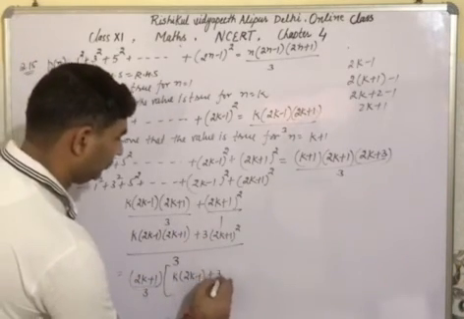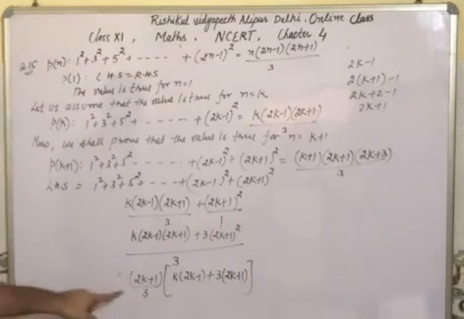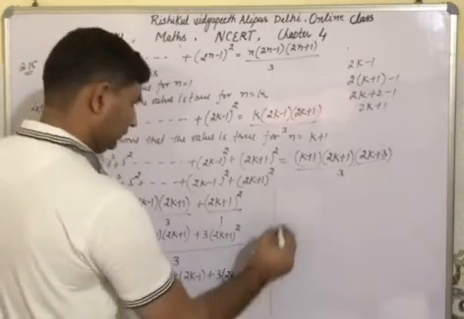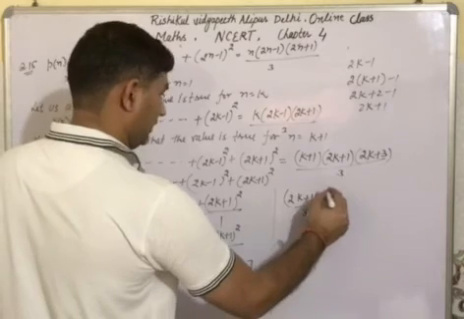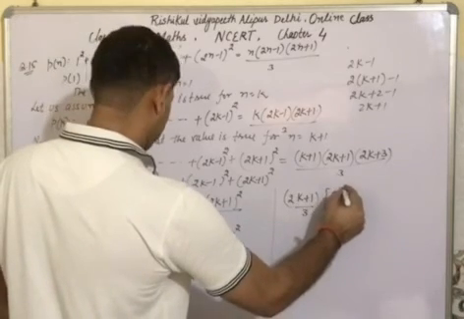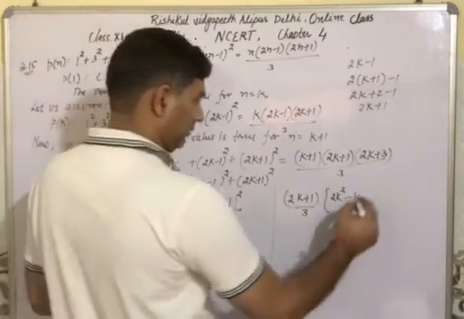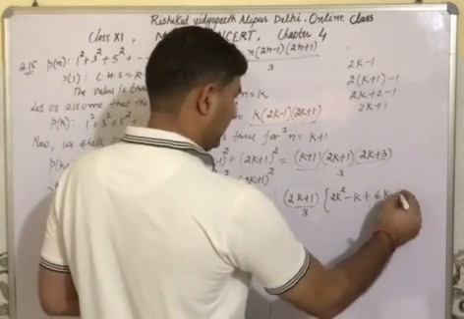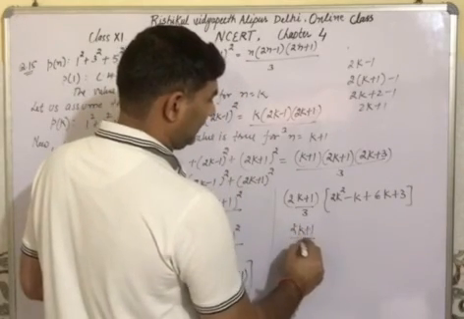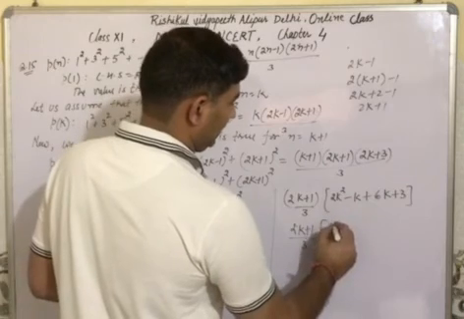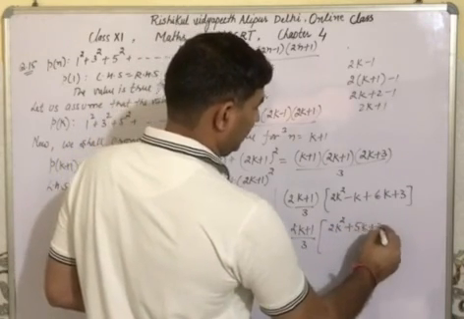Then 2k plus 1 over 3, and then this 2k square minus k plus 6k plus 3, and then 2k plus 1 by 3, this 2k square plus 5k plus 3.